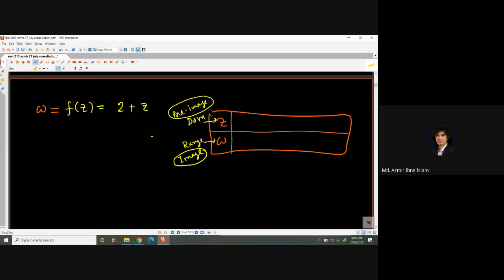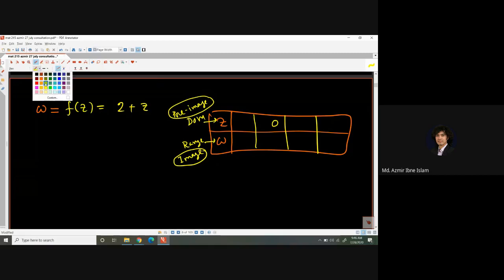So domain can also be thought of as pre-image and range is the image. So we can input any value that must be a complex number, but let's say we are inputting a real number, so a real number is also a complex number.